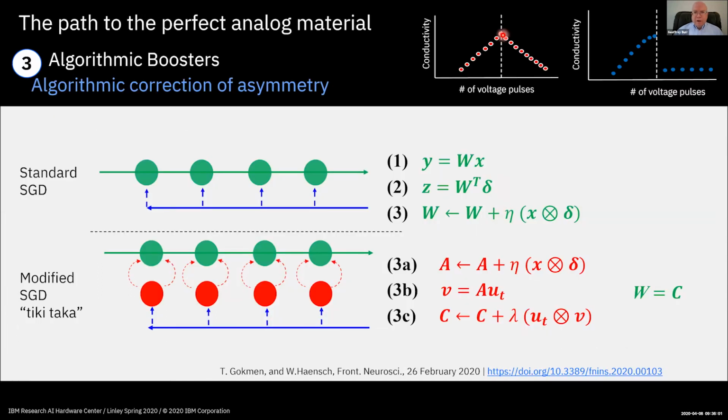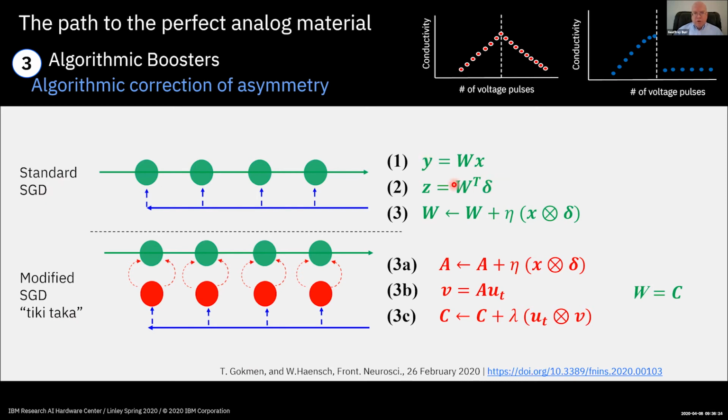And then in terms of an algorithmic approach, where even if we're not able to make these devices linear up and linear down, my colleague Tayfun Gokmen has come up with a very neat idea he calls the tiki-taka algorithm. In contrast to the standard stochastic gradient descent algorithm, where the weights essentially take an input and produce an output, during training the output becomes an error.